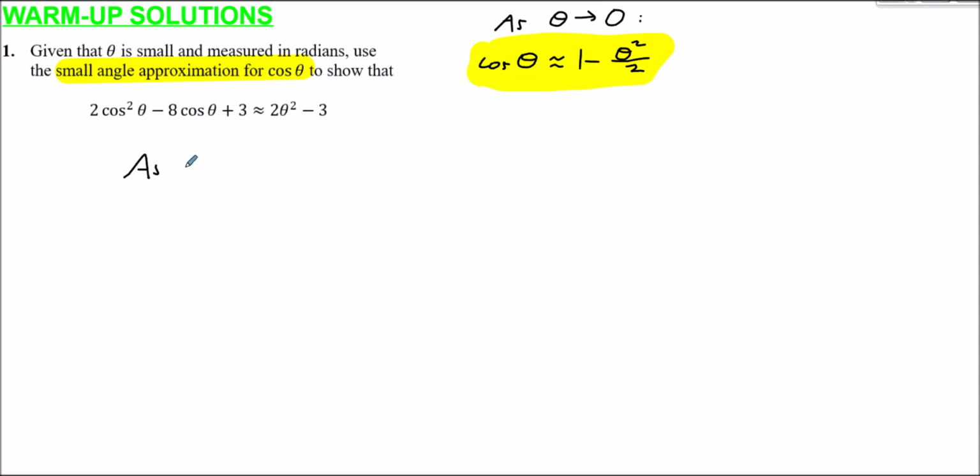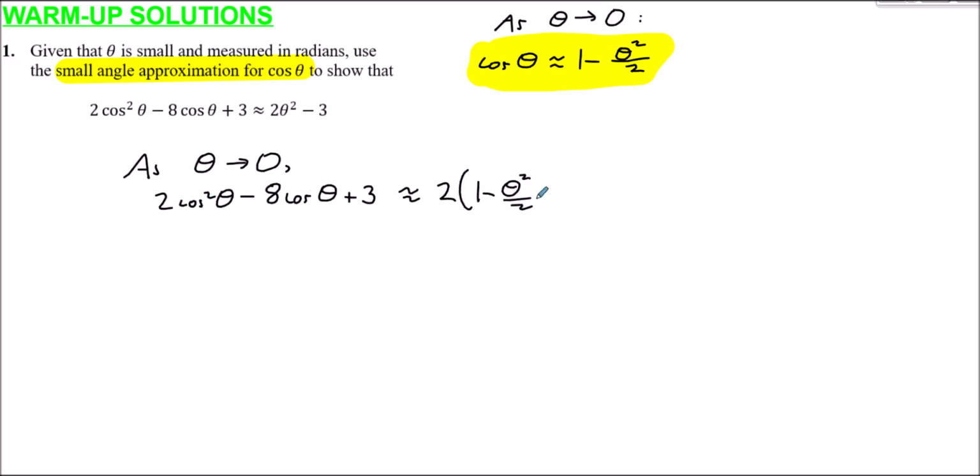So as theta approaches 0, 2 cos squared theta minus 8 cos theta plus 3 is going to become approximately the same as 2 lots of this squared, because cos theta is approximately 1 minus theta squared over 2, so that all squared, then minus 8 lots of cos theta, which is approximately 8 lots of 1 minus theta squared over 2, plus 3.